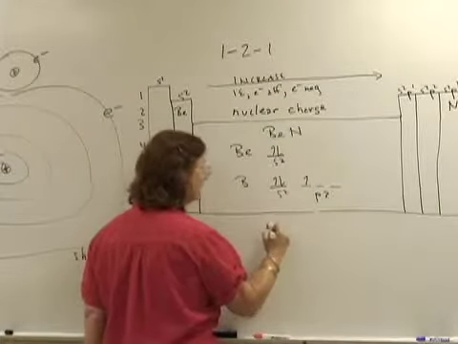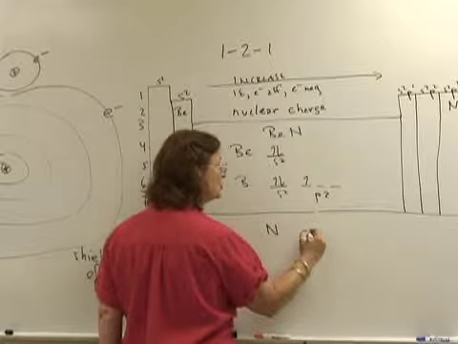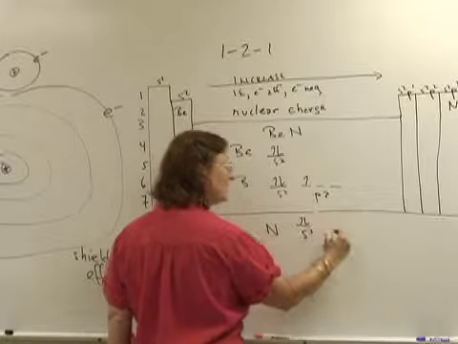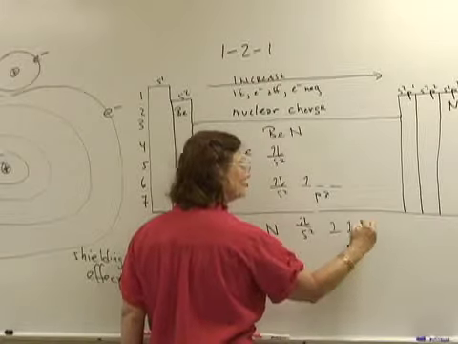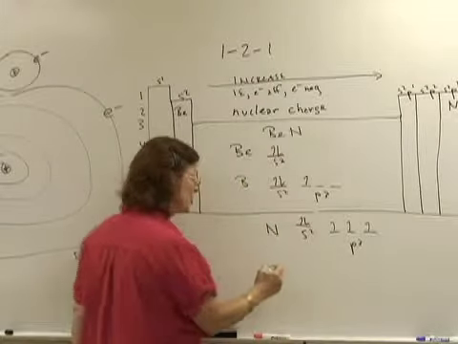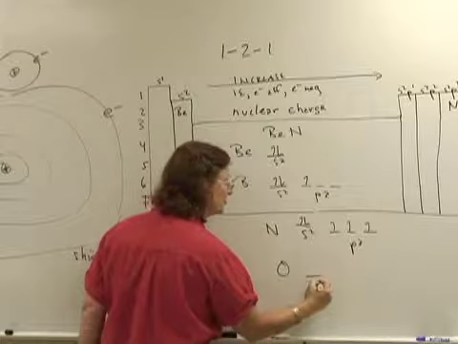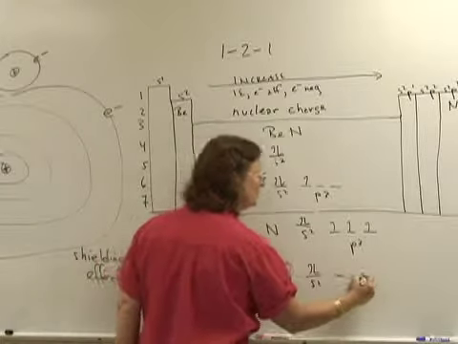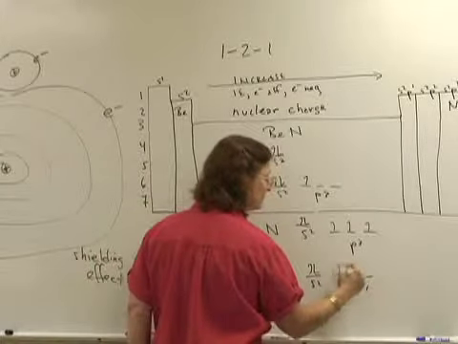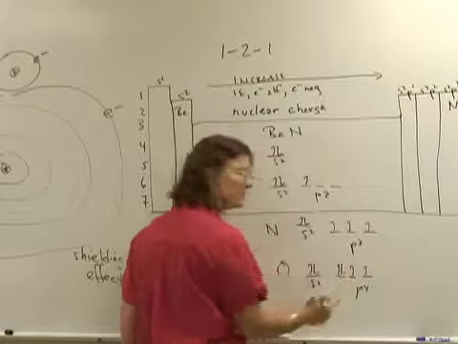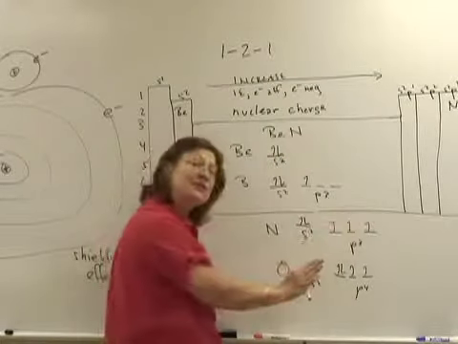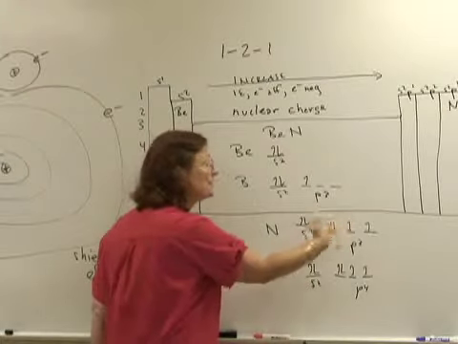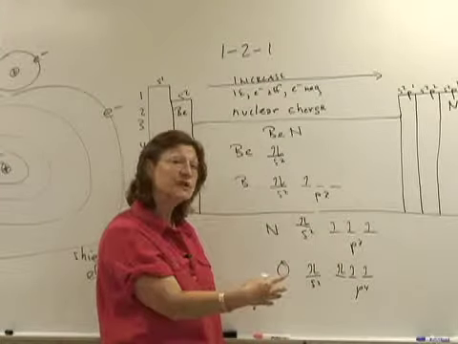Then the next exception is for the nitrogen. Well, nitrogen has a configuration of s2p3. And oxygen is s2p4. And when there is one electron in each one of the p orbitals and they're all spinning the same direction, that's lower energy.